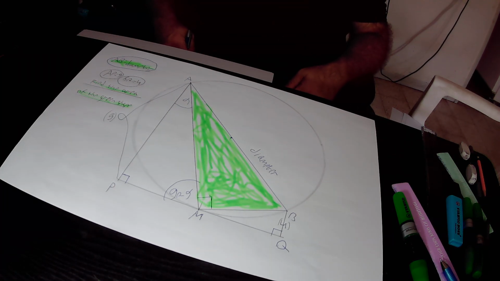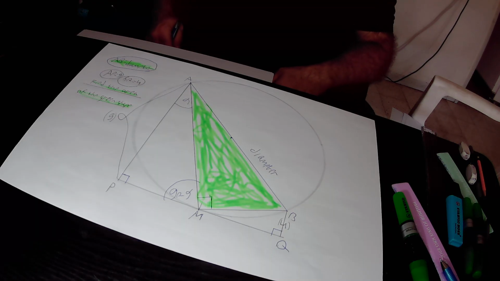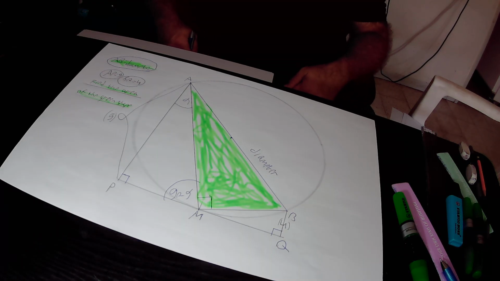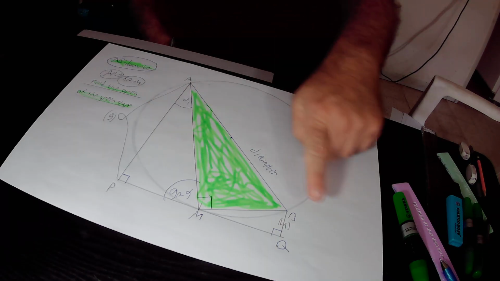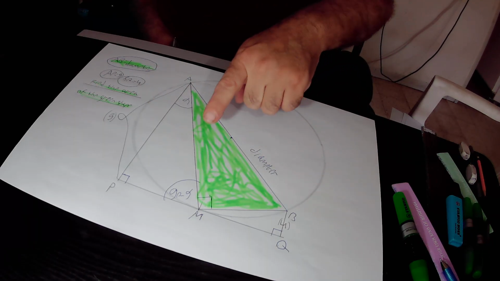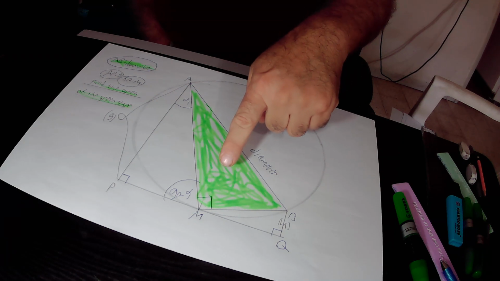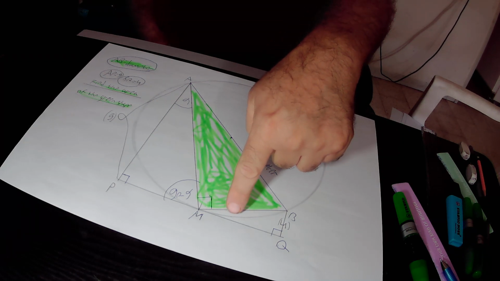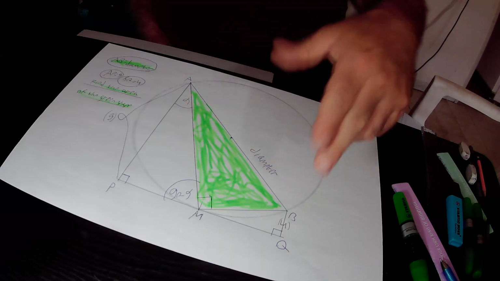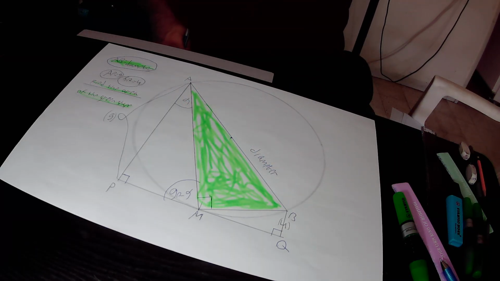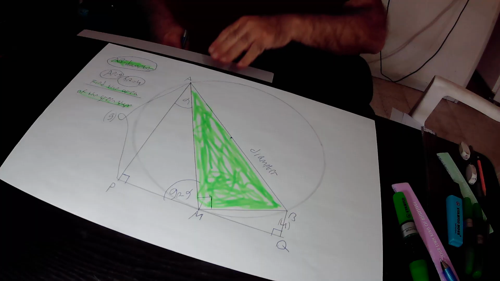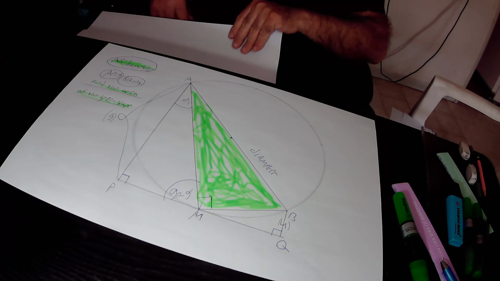Rule 3 states that the sum of the angles on one side of a straight line is equal to 180 degrees. On the upper side of the straight line PQ at point M, we have this angle that is 90 degrees minus alpha, plus this angle that is 90 degrees, plus this missing angle that is angle BMQ. In total, the sum of those angles must be equal to 180 degrees according to rule 3.